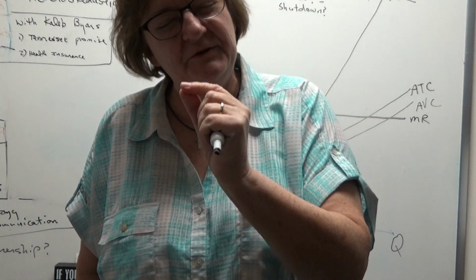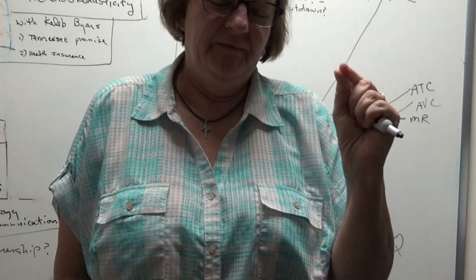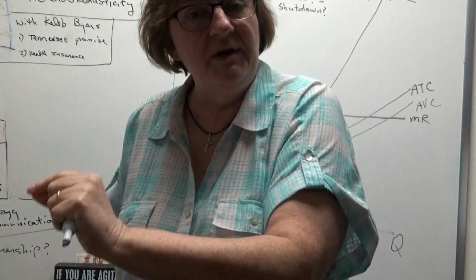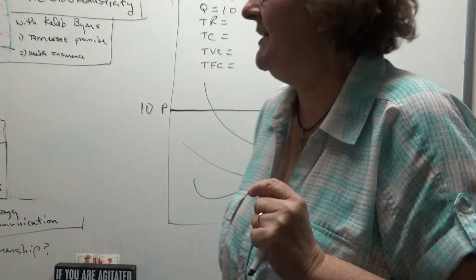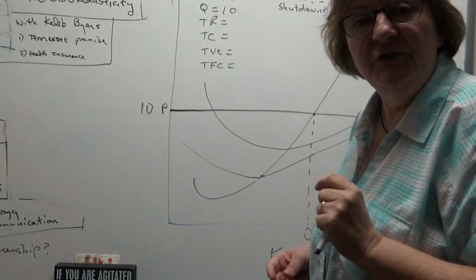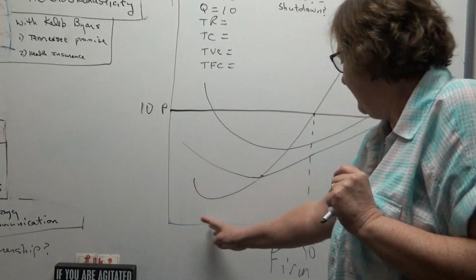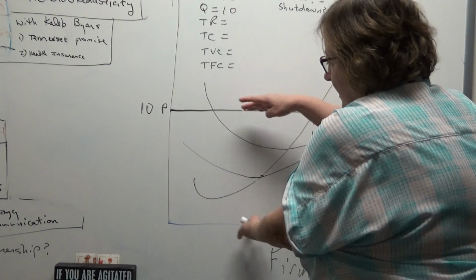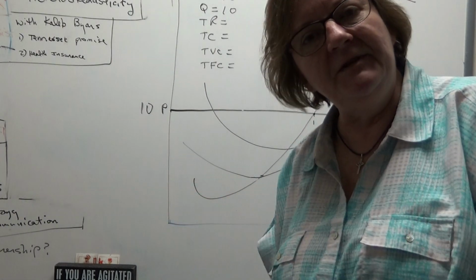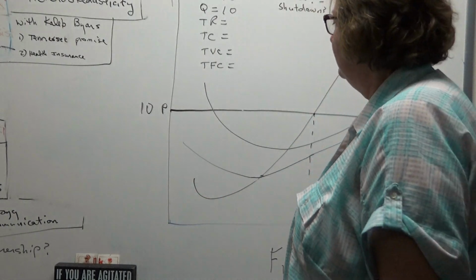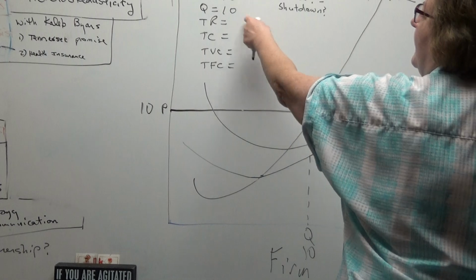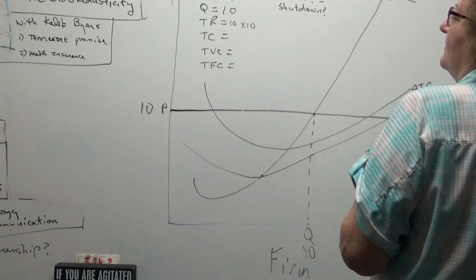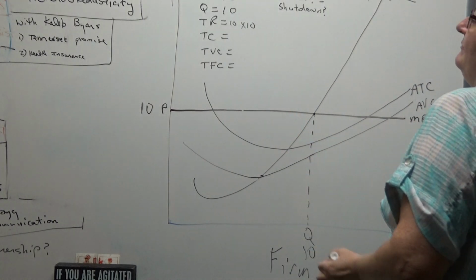If you had the totals divided by the quantity, it gives you the averages, and if you have the averages times the quantity, it gives you the totals. Well, in this case, everything's times the quantity, and all of the totals are shown as the areas of these rectangles. So in this case, 10 times 10 is the total revenue, which is 100, right?